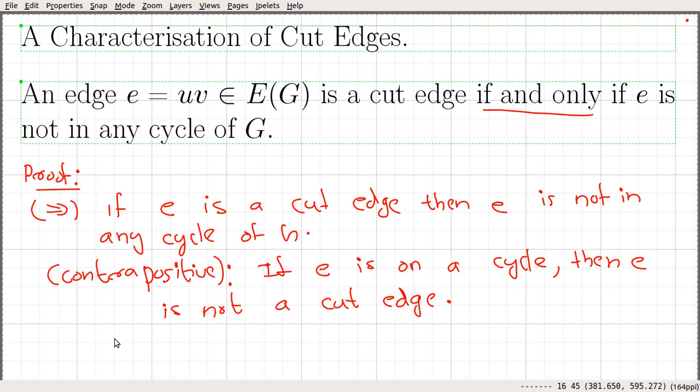Let E equal to UV be an edge on a cycle, say C. The situation is something like this.